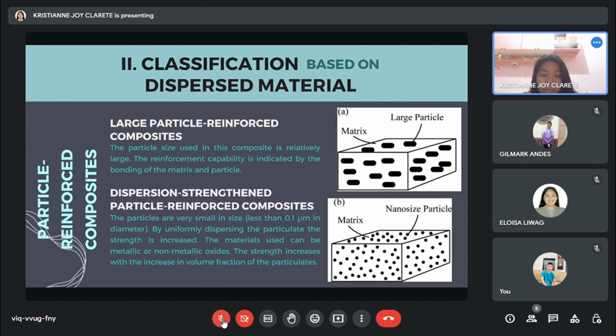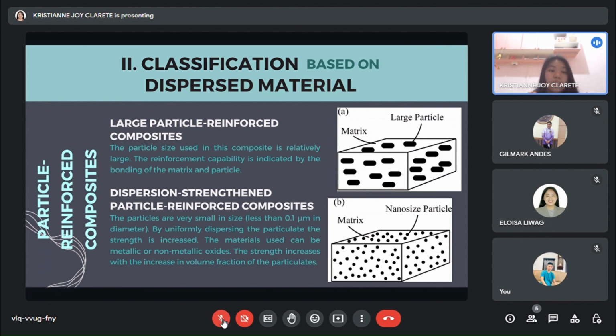In dispersion strengthened particle, the particles are very small in size, less than 0.1 micrometer, or it ranges from 10 to 100 nanometers in diameter. By uniformly dispersing the particulate, the strength is increased. The materials used can be metallic or non-metallic oxides. The strength increases with the increase in volume fraction of the particulates.